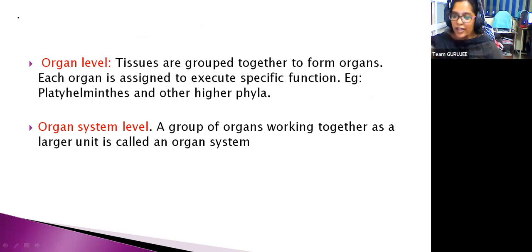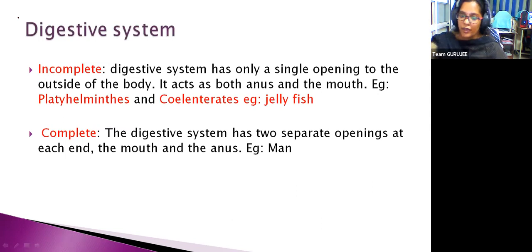Okay, next, organ system level. Not only a single organ, the whole organ system may change in some living organisms. We'll see. The first thing is the digestive system, that is, incomplete and complete digestive system.